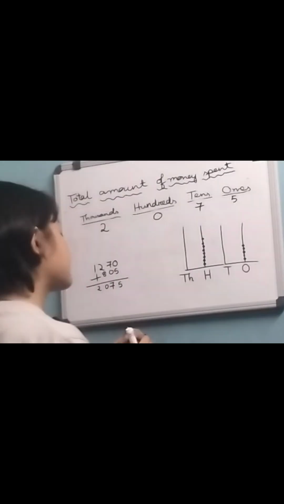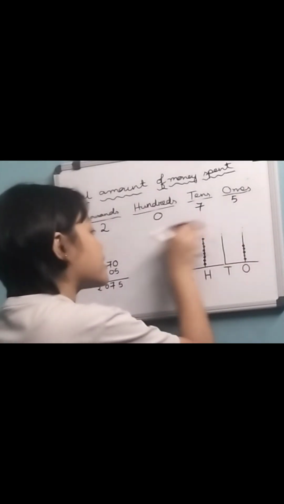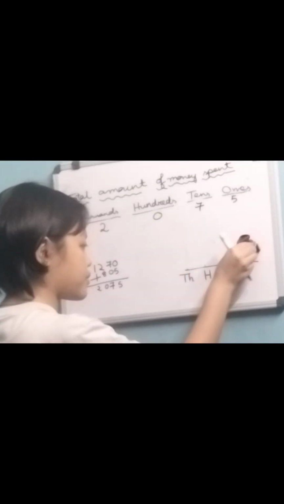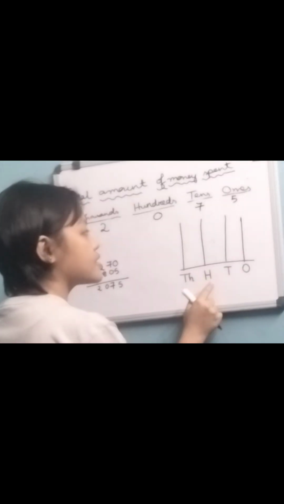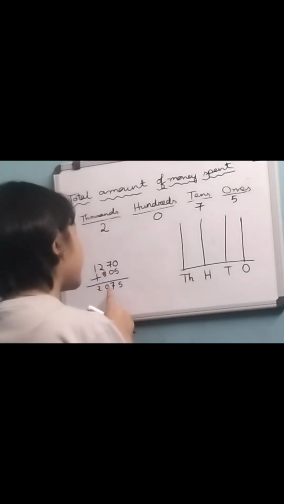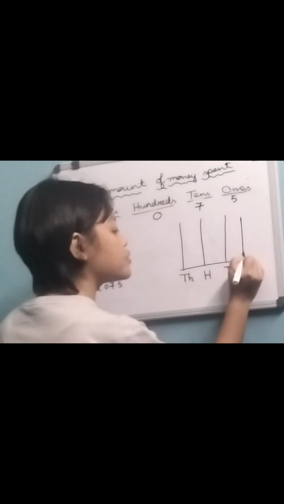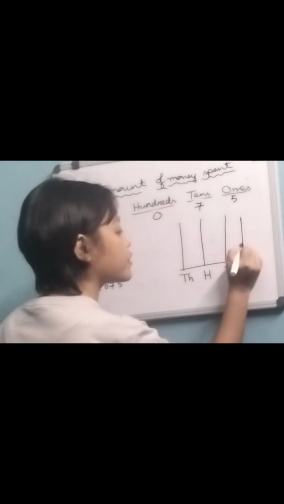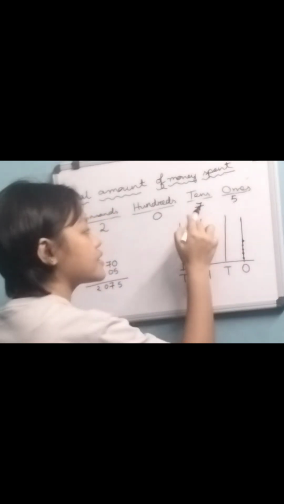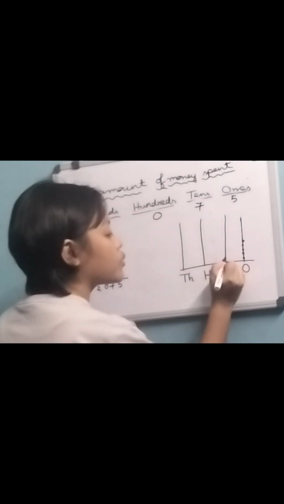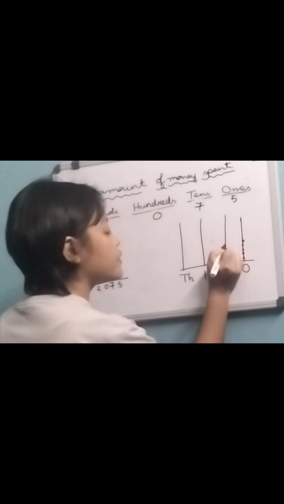Now let's draw this in the abacus. Let's draw all this so that you can understand better. Ones, tens, hundreds, and thousands. In place of ones, you have 5. 1, 2, 3, 4, 5. In place of tens, you have 7. 1, 2, 3, 4, 5, 6, 7.